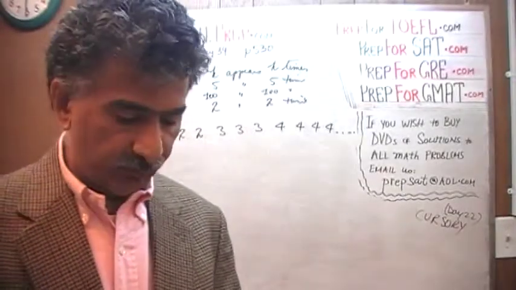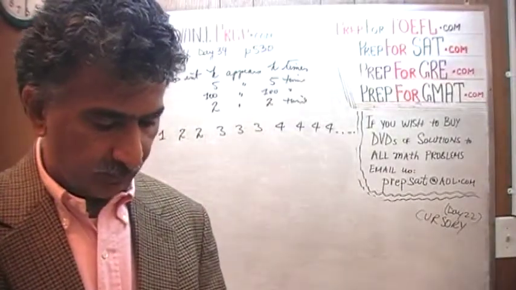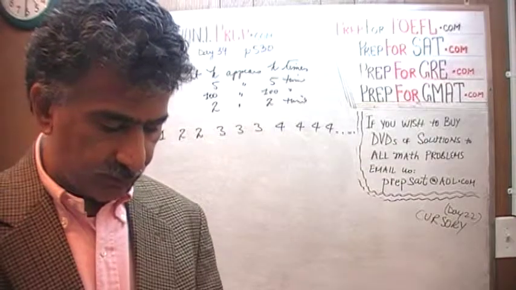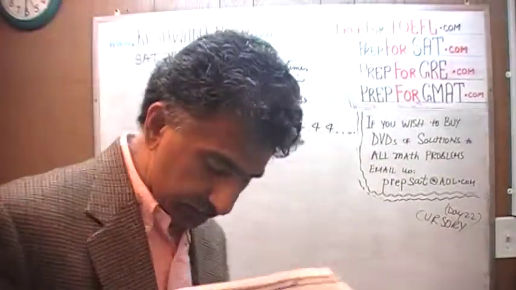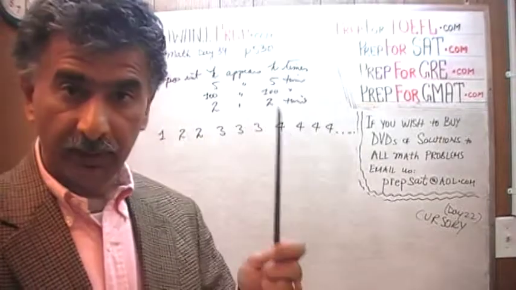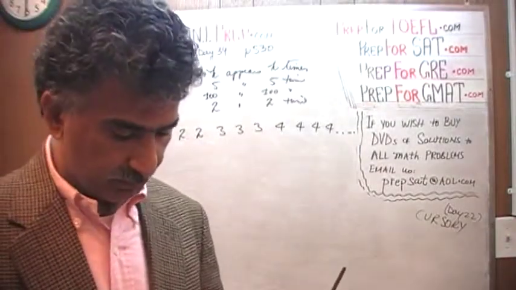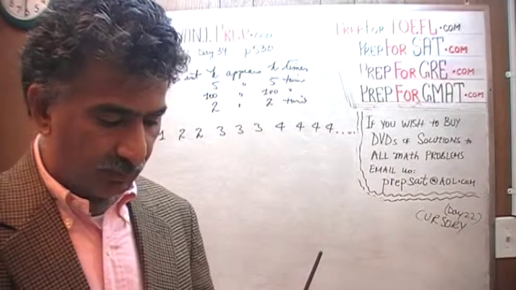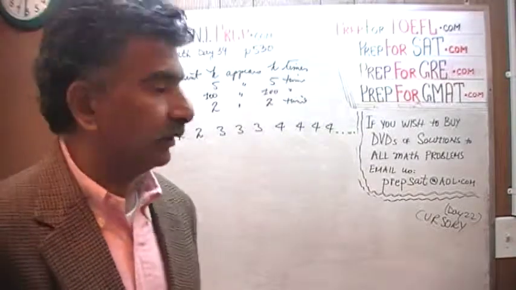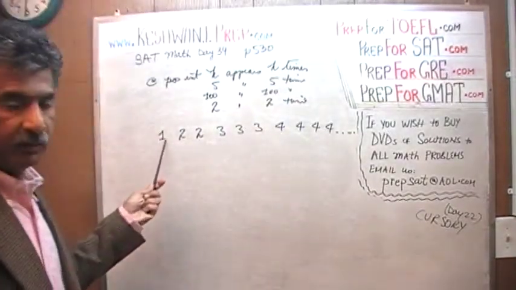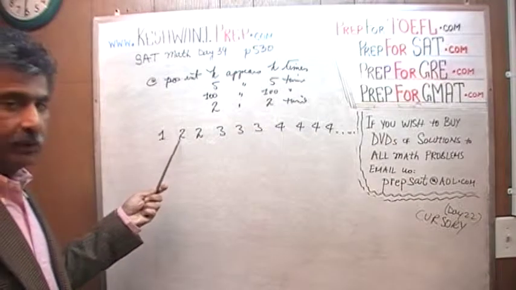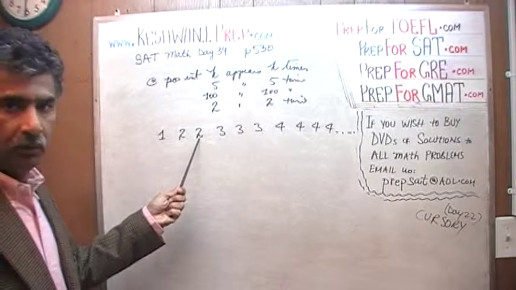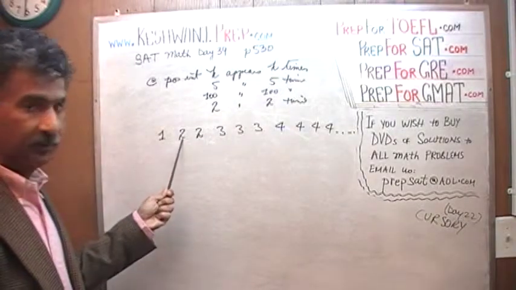So now we understand what the series is like. Well, let's see what exactly they're looking for. In the sequence, each term after the first term, you have to read very carefully, is greater than or equal to each term before it. For example, the third term, which is a 2, happens to be equal to the preceding term.